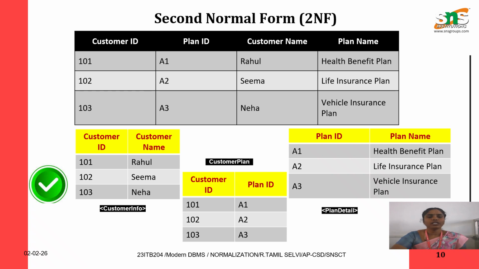The customer info table contains the attributes customer ID and customer name, and the plan detail table consists of the attributes plan ID and plan name. To make the relationship between the customer info and plan detail, we are creating the table named customer plan, which makes the relationship between the customer and the plan with attributes customer ID and plan ID. Now the table is in second normal form without any partial dependency.